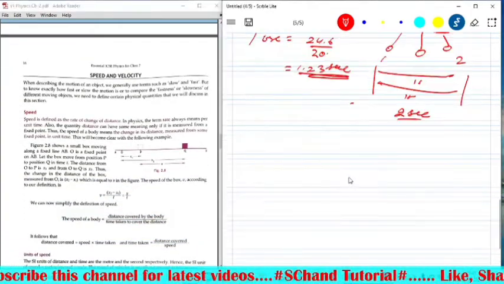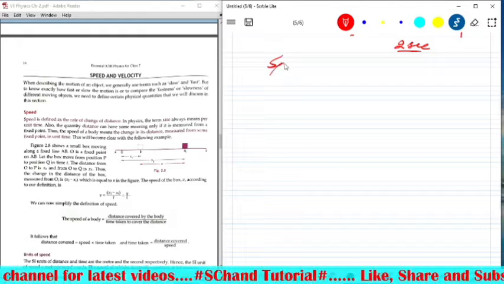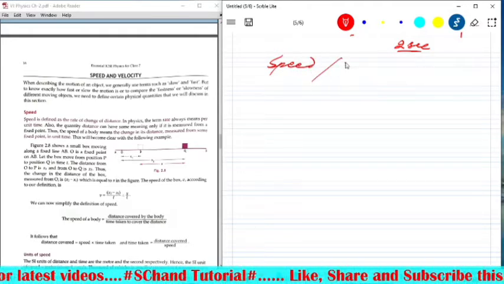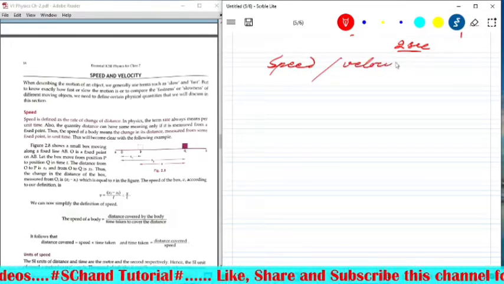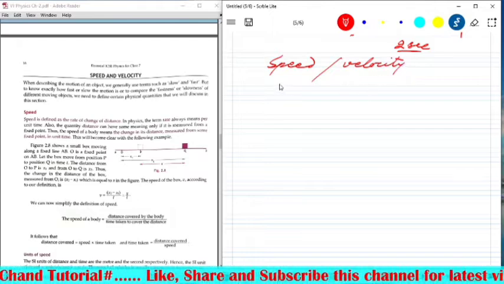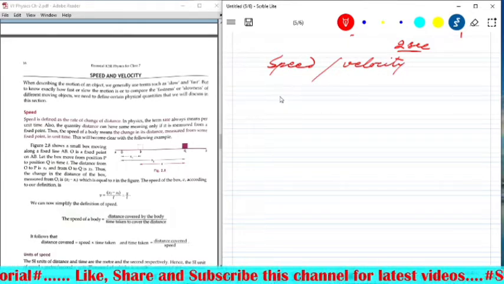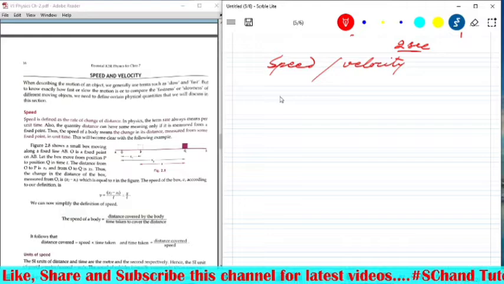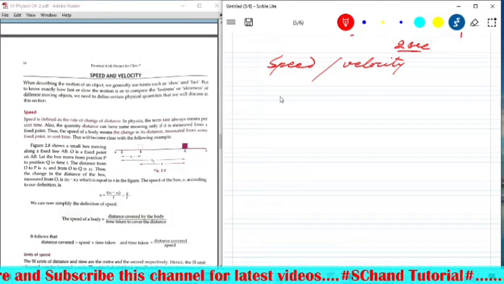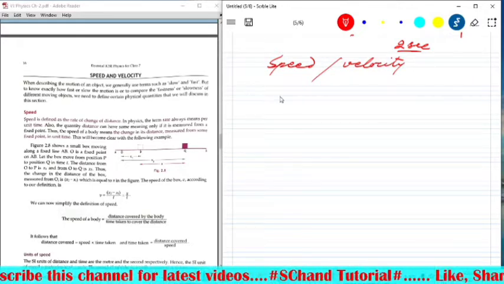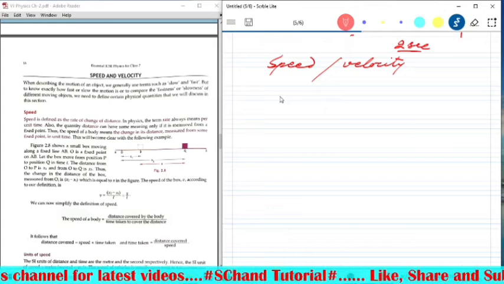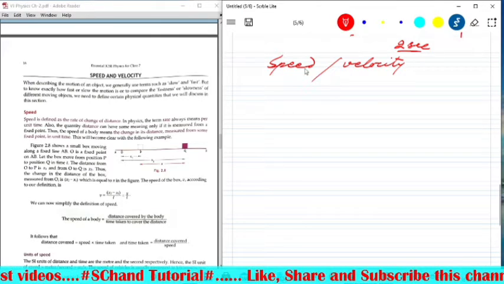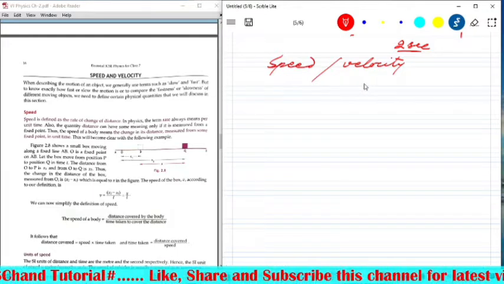Then we have speed and velocity. When we describe motion, we say that one body is fast and one body is slow, and the slowness and fastness of a body we tell from two quantities, speed and velocity.